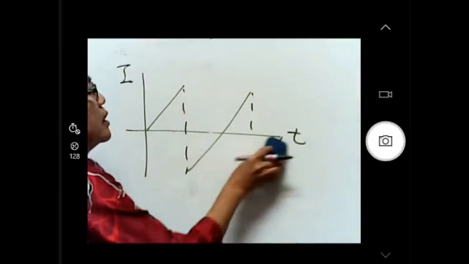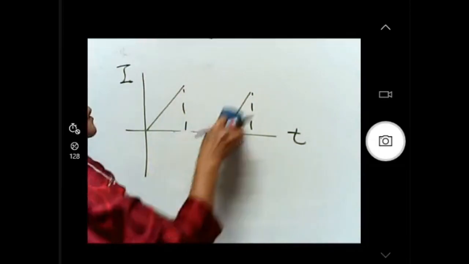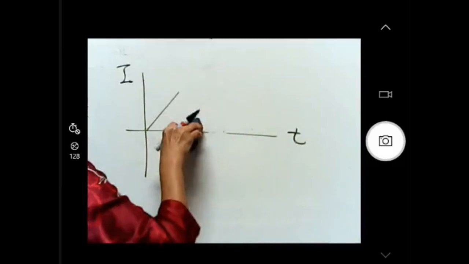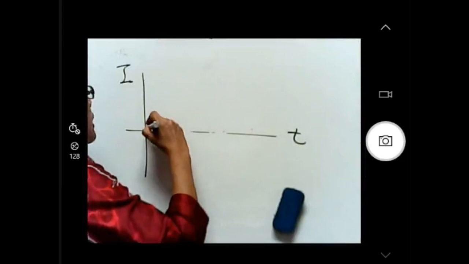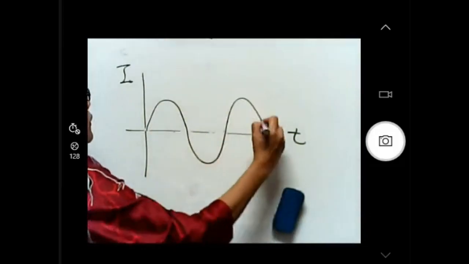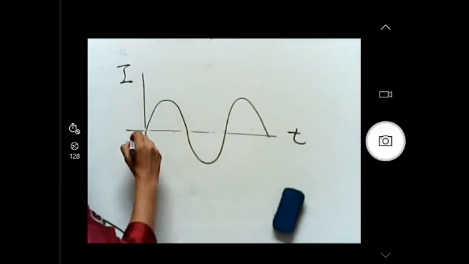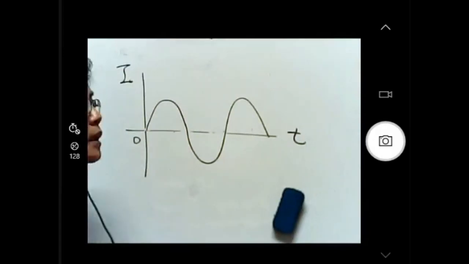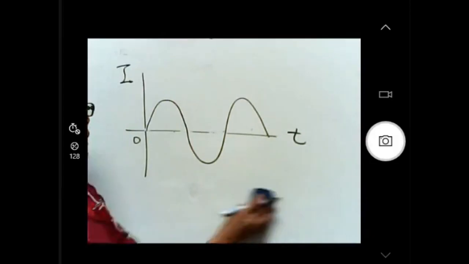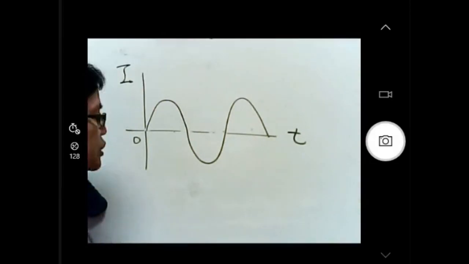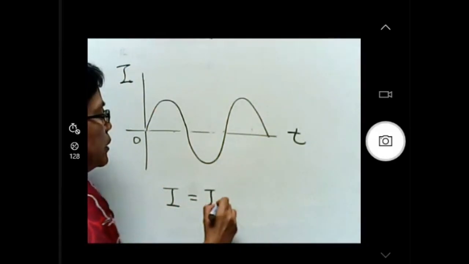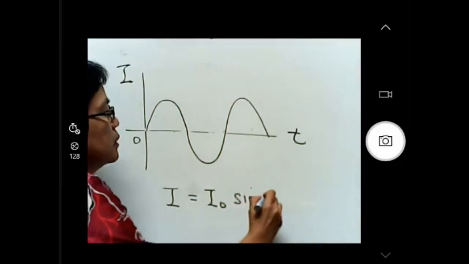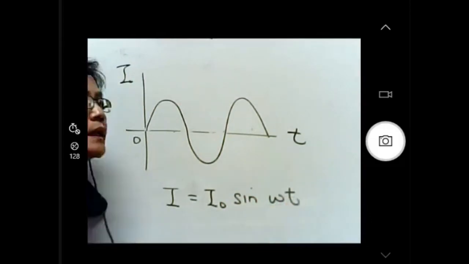So what we are going to discuss is the sinusoidal wave formed by an alternating current. So a sinusoidal wave will be like this. Okay, so we know that if it is in the form of a sine graph, that means it obeys the equation I equals I naught sine omega t.